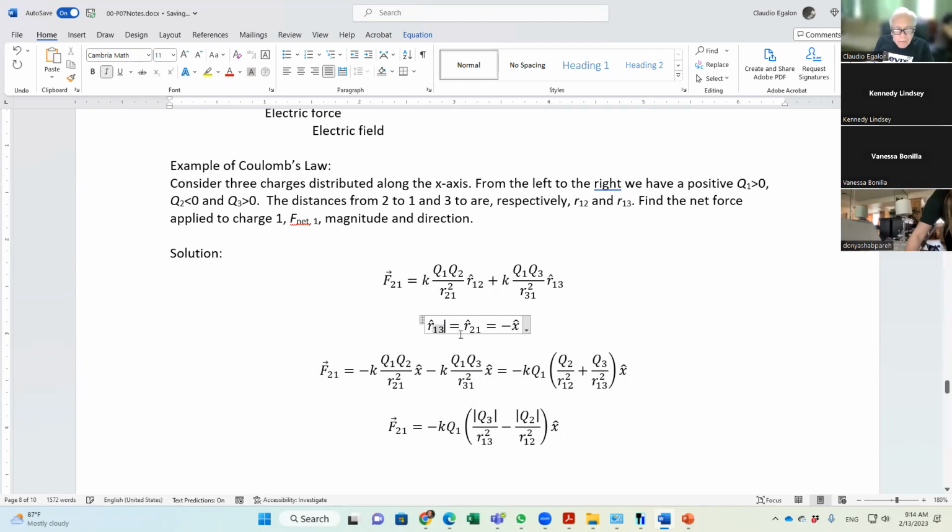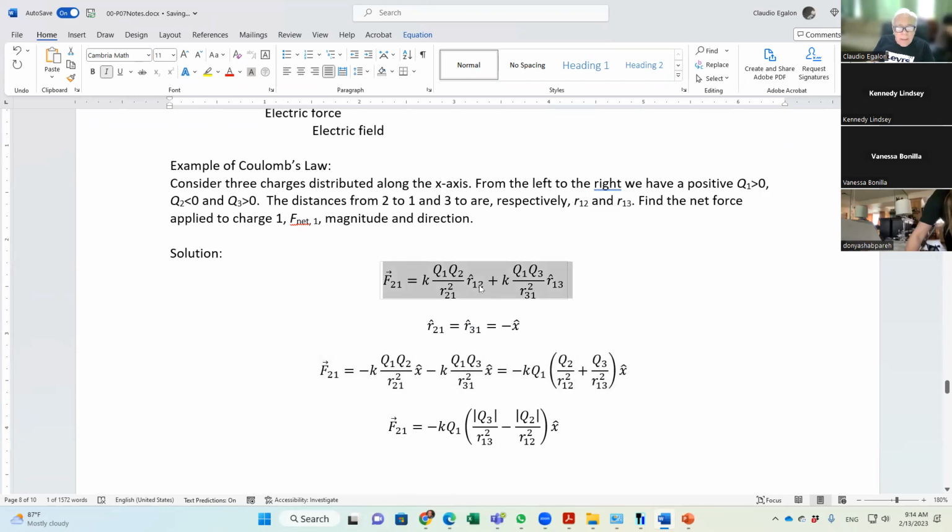Sorry, 1 to 2 and 1 to 3. Let's do it this way, that's easier. Oh gosh, no. 2 to 1, 2 to 1, 2 to 3. That's right. 3 to 1, 2 to 1, 3 to 1. That's the right notation, right?